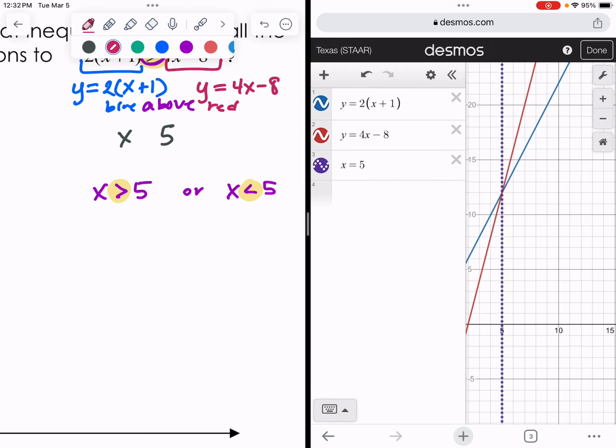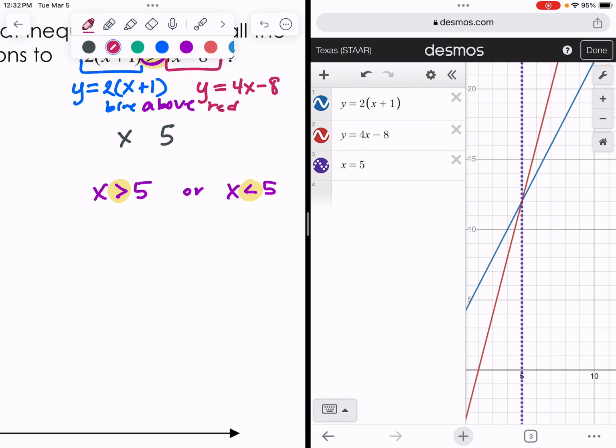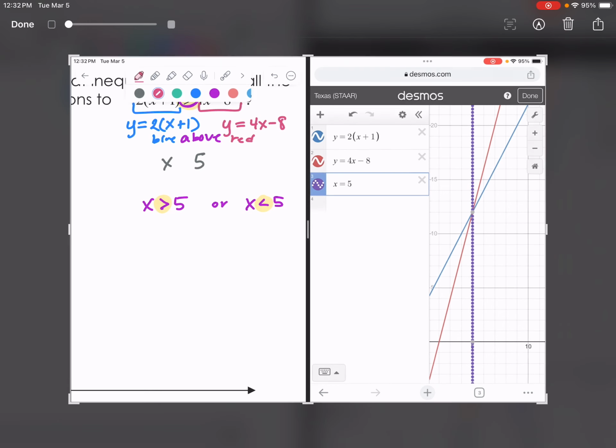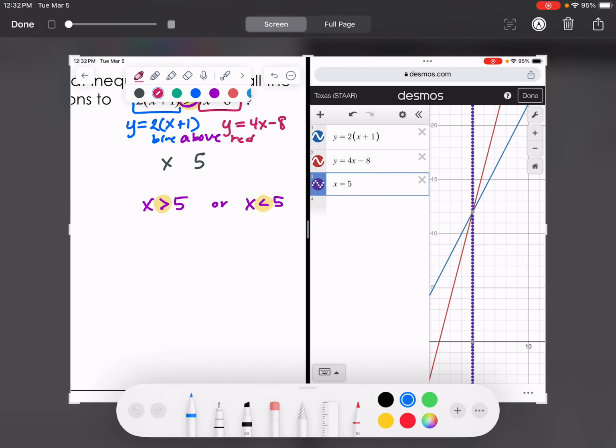Okay, and so if you look at this graph, the red is above the blue when I'm to the right of this line, but the red is below the blue to the left of this line. Okay, and so let me see if I can screenshot. Probably not. Oh, I can't. Okay, and so red is above the blue here, where here blue is above the red.